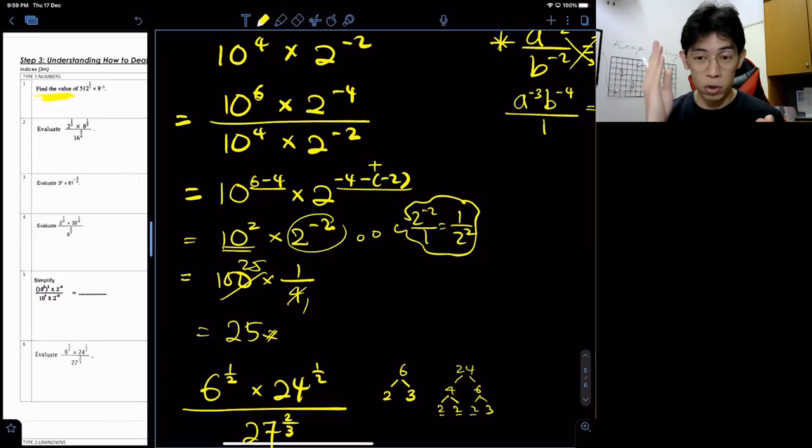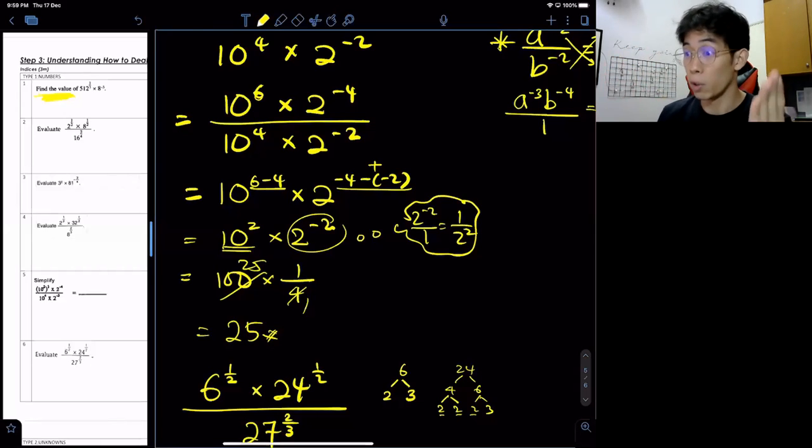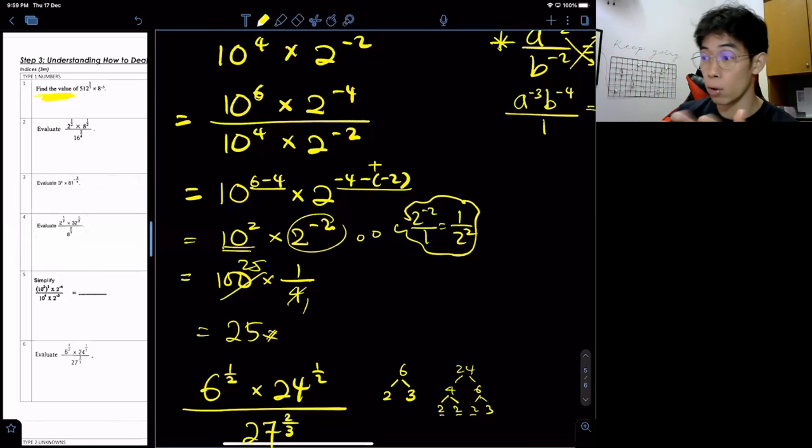I don't select short working just because it's faster. I prove both ways and see whether I can derive the same answer. If I can derive the same answer both ways, it means I understand the whole thing already. Then I can choose either one. Not to say every time I'm going to use the shortest working one, because sometimes in HOTS questions, you might want to use another way to solve it. That's why I need to understand both. That's how I improve lah.